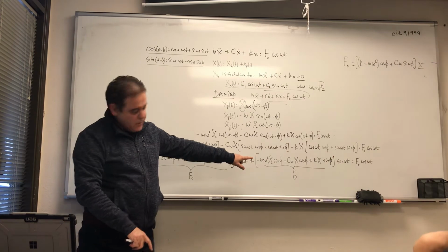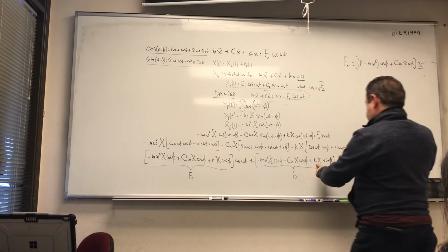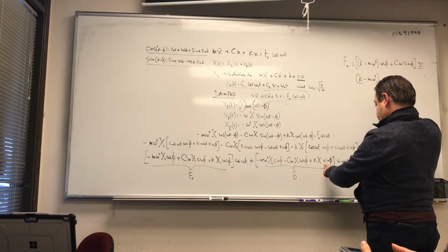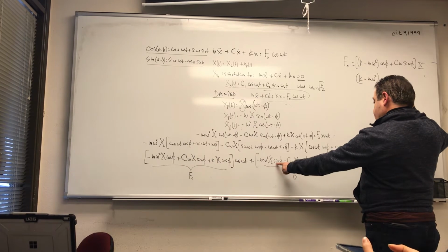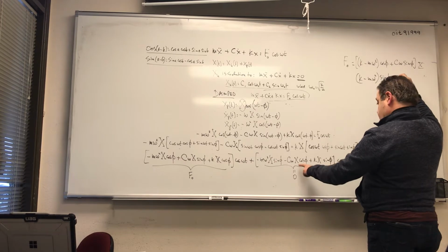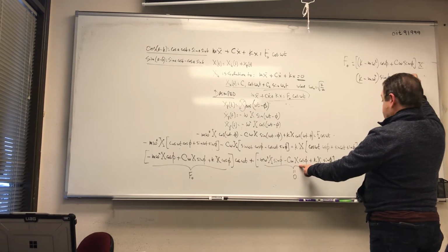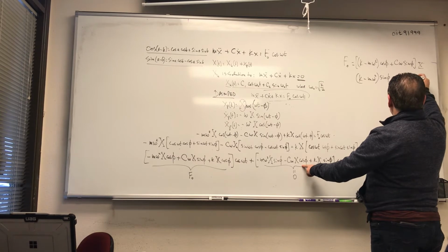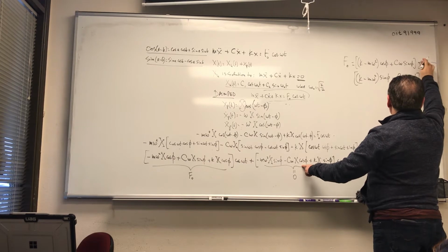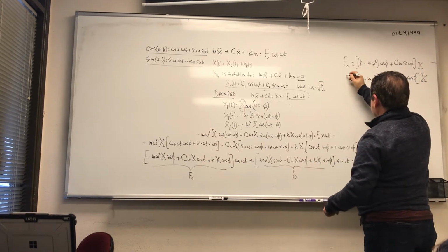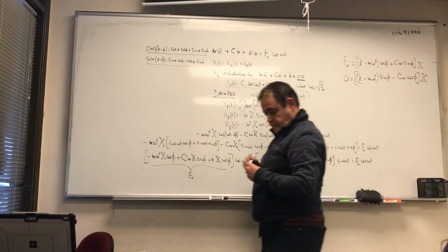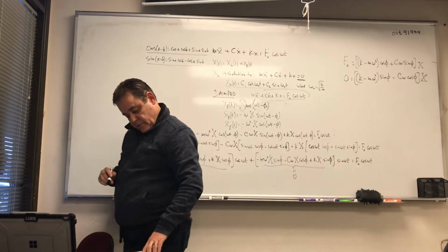The last one is going to be, again, (K minus M omega squared) sine phi, and then minus C omega cosine phi, times x. That's equal to 0, which is exactly what's in the book on 327.